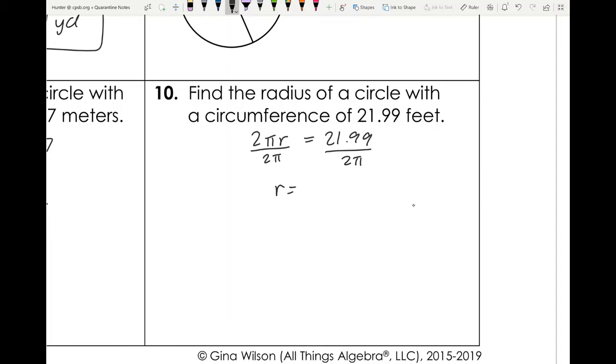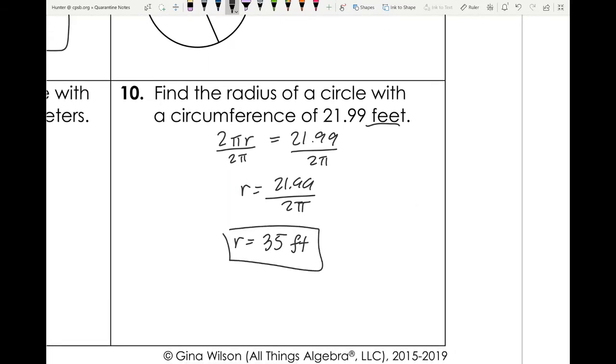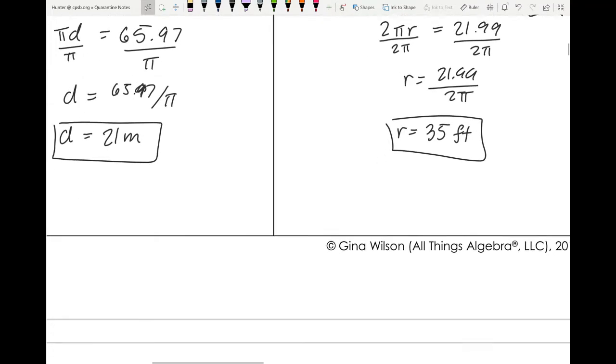So r is equal to 21.99 over 2 pi. Plug that in your calculator, and you get that r is equal to 3.5 feet, because we're dealing with feet. The only difference with this one was we divided by 2 pi instead of pi, like we did in the first one.